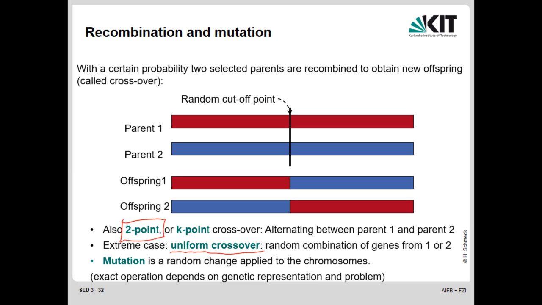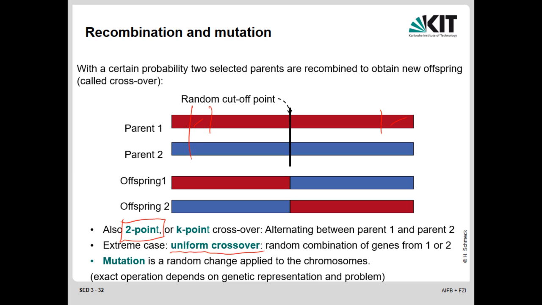Because the reason is that if you have 2-point crossover, like here, the probability that elements from the left part and the right part of the first parent end up in one individual, in one offspring, is very low. Because you always take a cutoff point somewhere, and only if you would have the cutoff point there, you would have that part and that part in the same offspring.